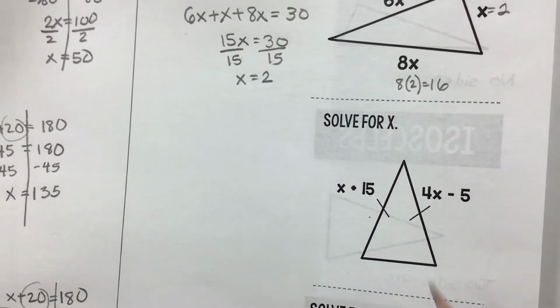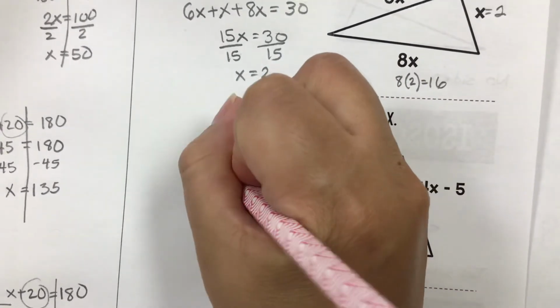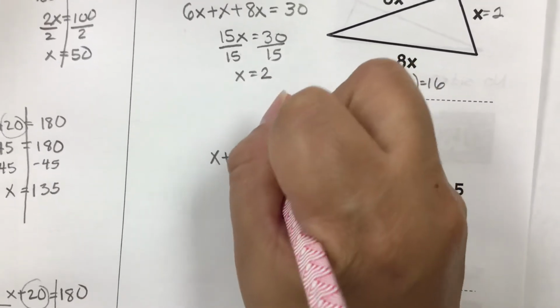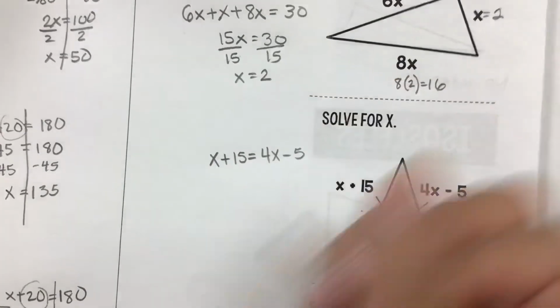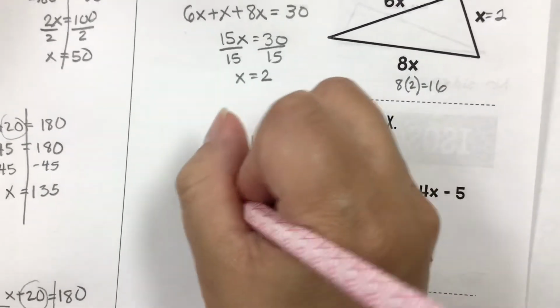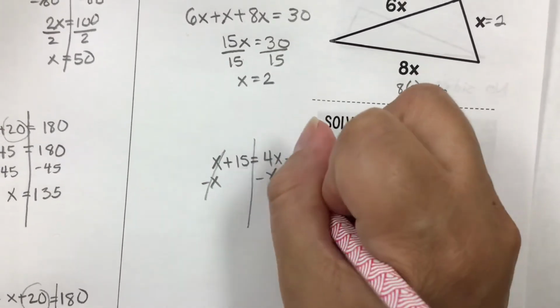Isosceles. When you have two sides that are equal, you set the values equal to each other. That means x plus 15 is equal to 4x minus 5. I'm going to draw a line. I'm going to subtract this x. That means I have to add this 5.